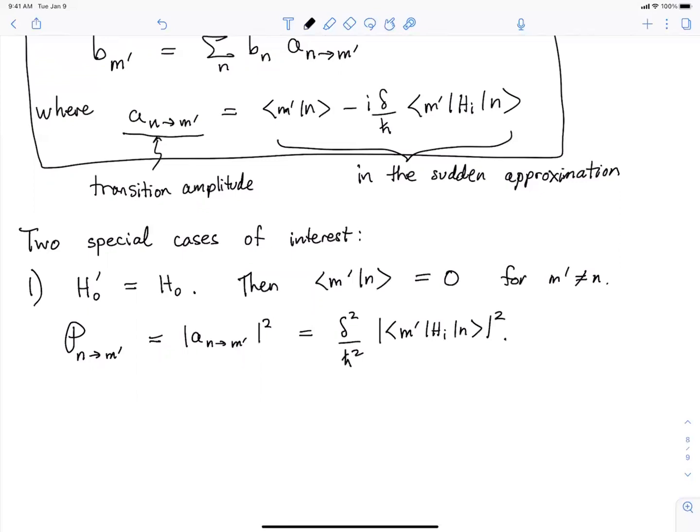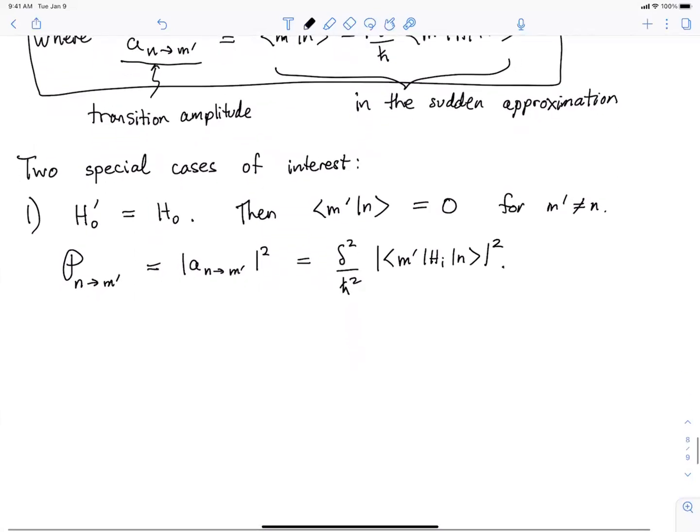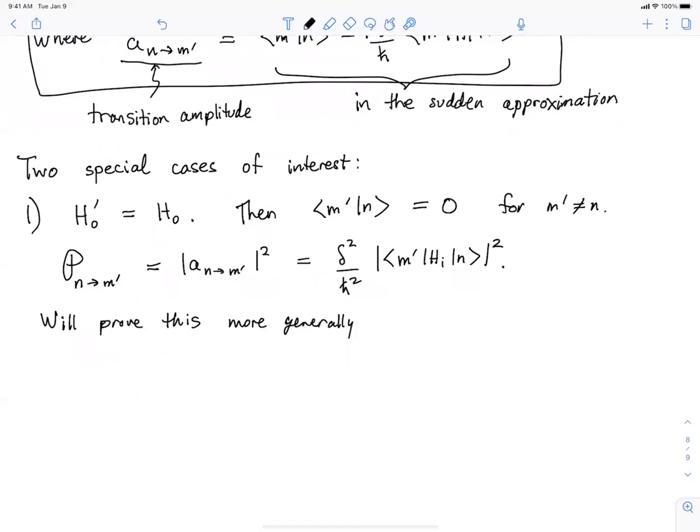Okay, so one interesting thing is that it goes quadratically with the short amount of time that my perturbation is acting for. And we will prove this more generally as a special limit of time-dependent perturbation theory. And that will happen next week sometime.